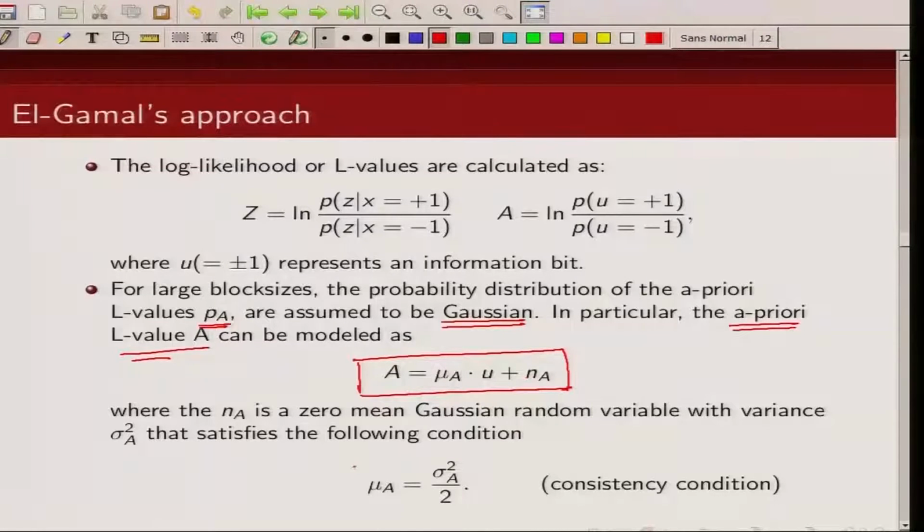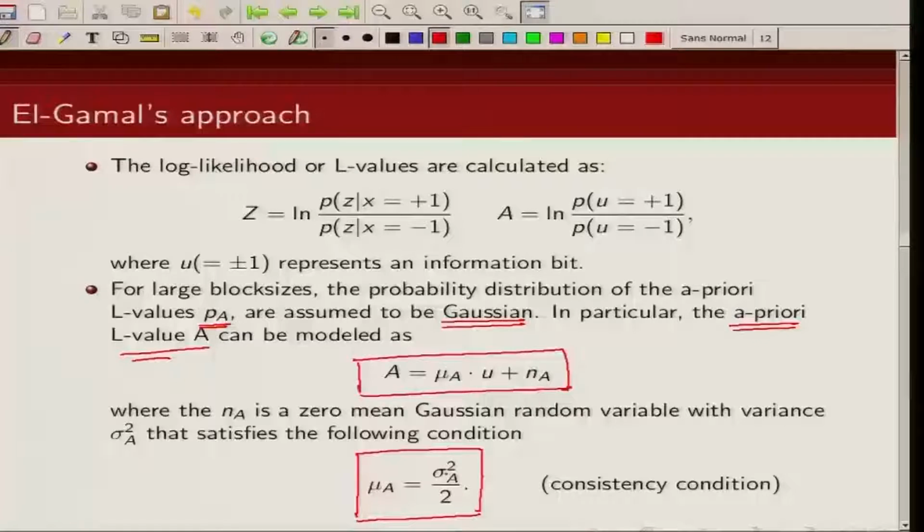They have also observed what they call the consistency condition, so they assume the mean and variance are related in this particular fashion. If you make this Gaussian assumption and assume that mean and variance are related, then you essentially need to track only one parameter. For example, with just the mean you can track your Gaussian distribution because mean and variance are related.